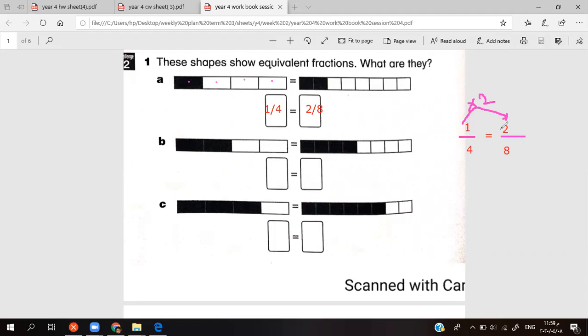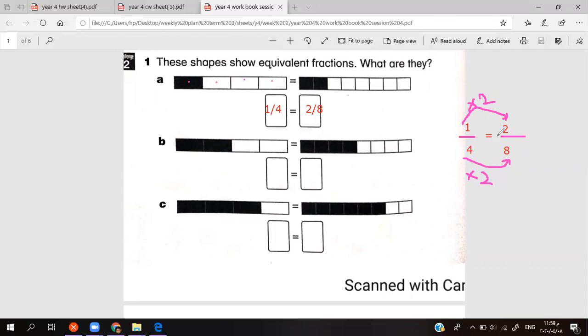Whatever I do to the numerator, I must do to the denominator. And the opposite: whatever I do to the denominator, I must do to the numerator. So since up I multiplied by 2, down I must also multiply by 2. So 4 times 2 gives me an 8.